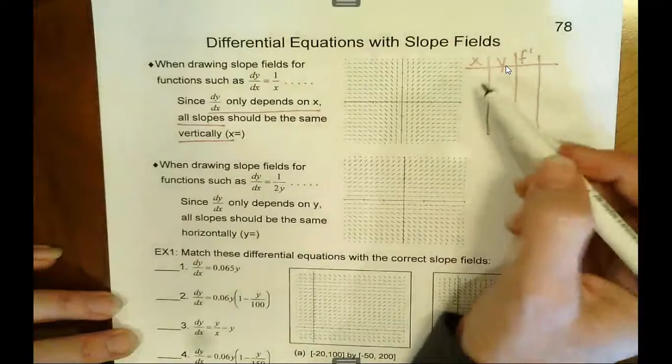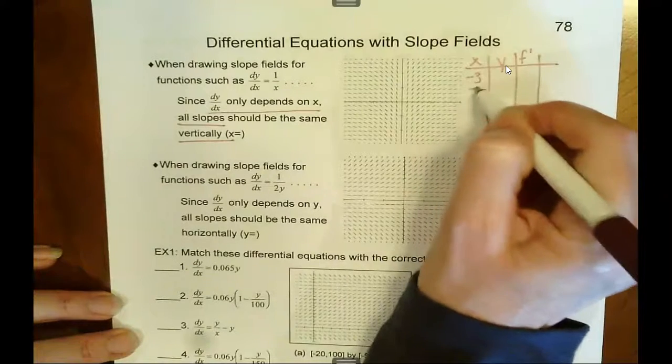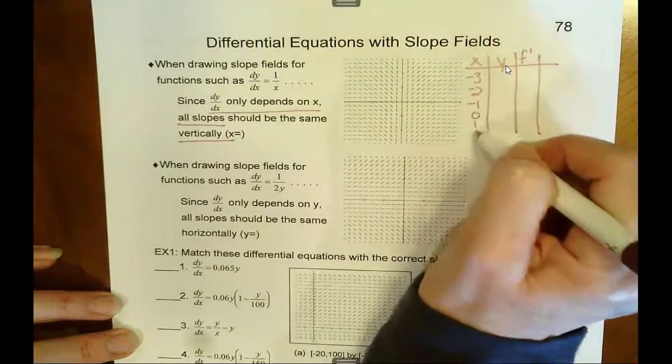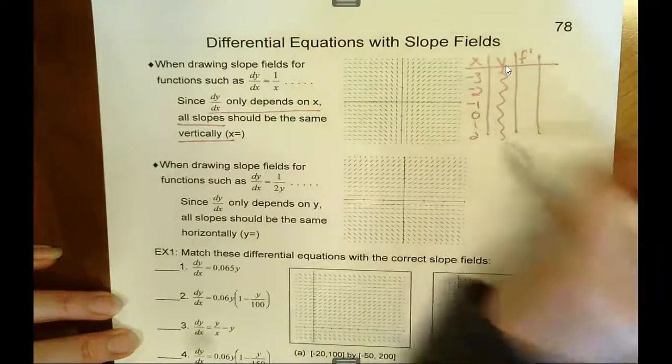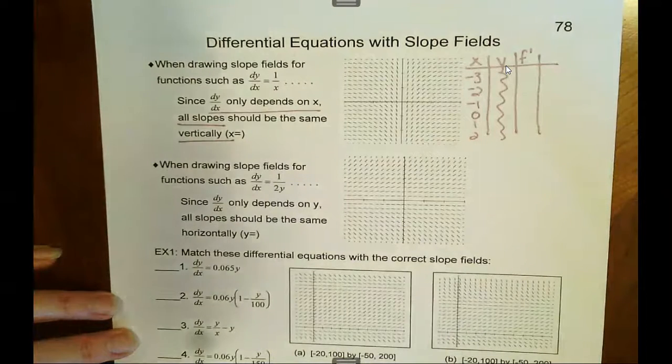Then we could choose different values for x, and it makes no difference what we pick for y because y is not in our equation. And so then we can just plug those in, and our slopes will be the same vertically, or up and down.